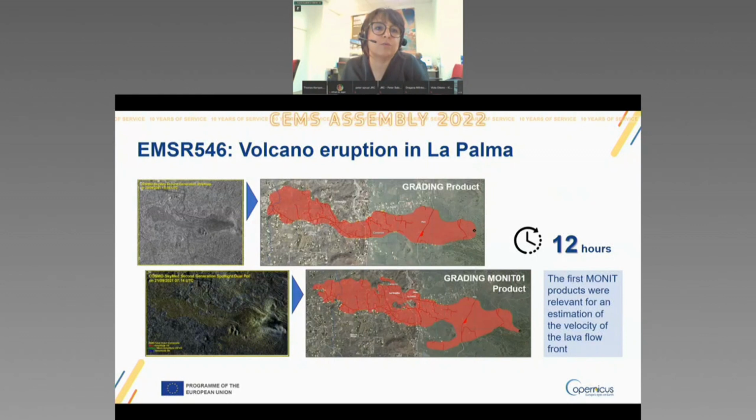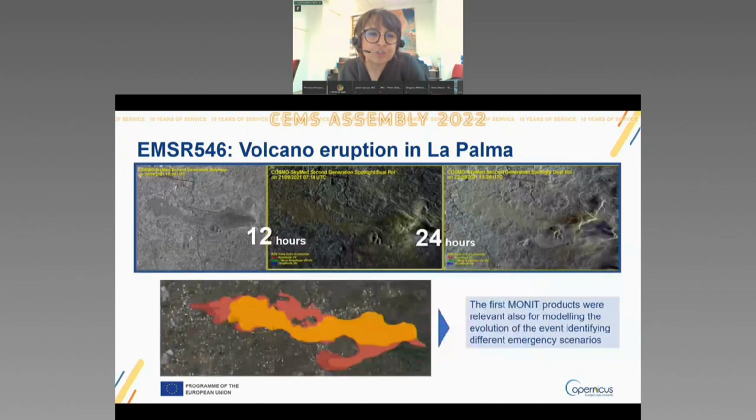The first product was based on a single SAR acquisition, but starting from the second product, we started to base the analysis on multi-temporal coherence analysis based on SAR acquisitions, because we were able to receive interferometric imagery.